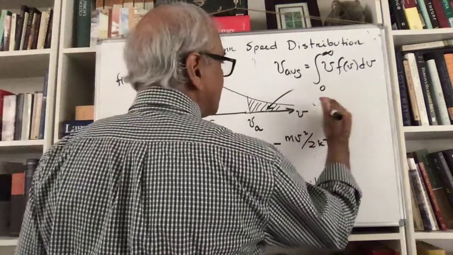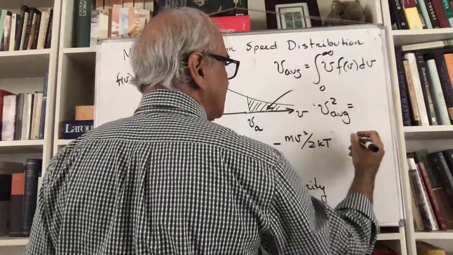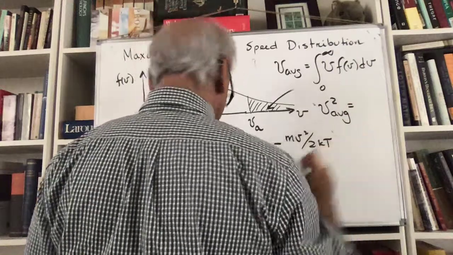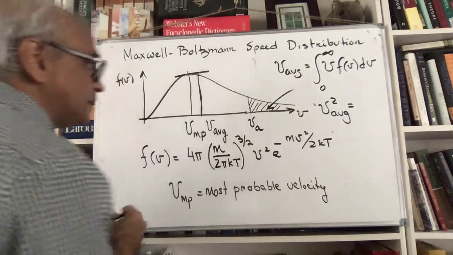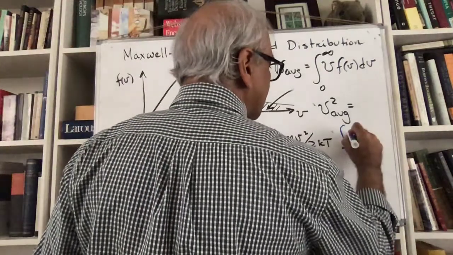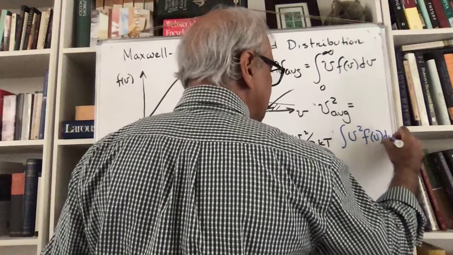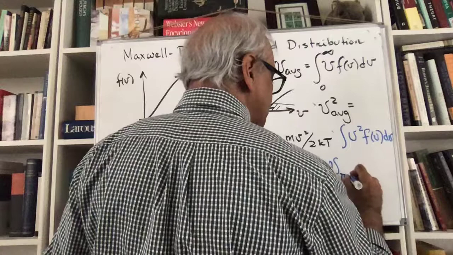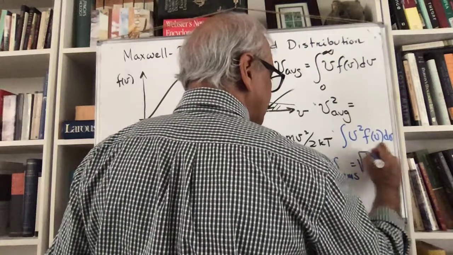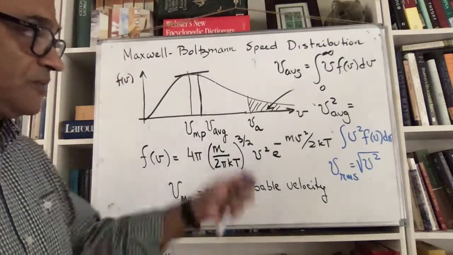And then V square average would be simply you take this entire thing. Let me write it down in blue. V square f(V) dV, and then if you take VRMS, it will be that.